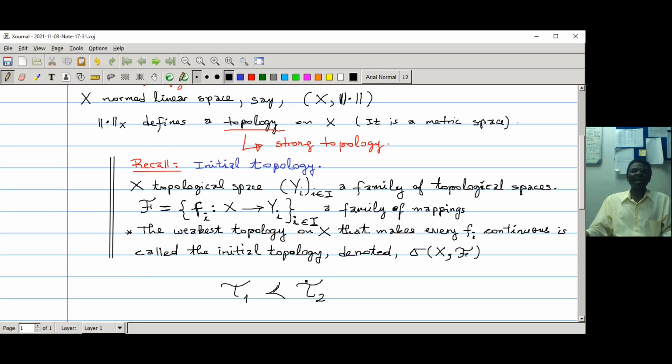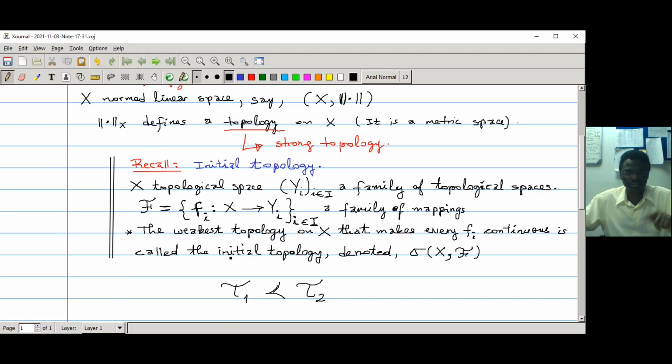To be stronger means that I have more open sets, and here I have fewer open sets, but its open sets are also there. So that is the weakest topology, the topology with the fewest open sets. That's why we say it's weak.